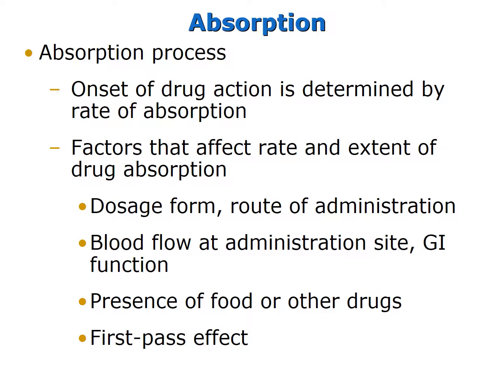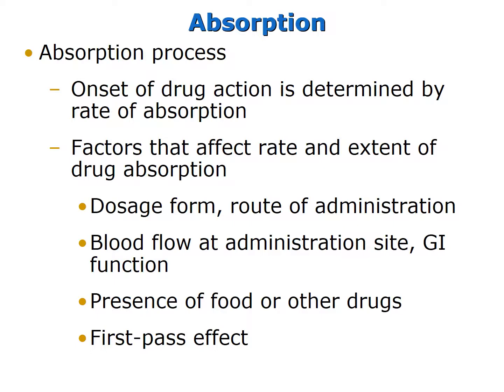Okay, so we got to think about better circulation of blood, the better the absorption. So things such as pain or stress that cause an autonomic response will cause an altered blood flow, and that can cause a decrease in absorption if we're having problems there.